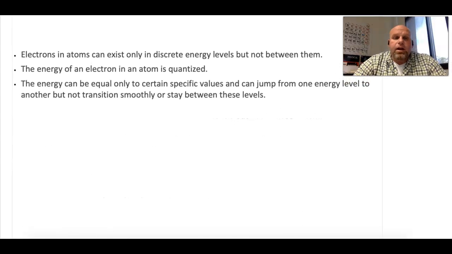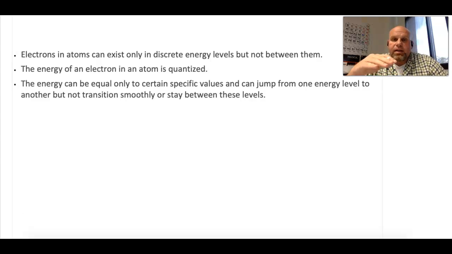Okay, just to reiterate a couple points that we have already laid out with regards to electrons and energy, and that is first, they exist in discrete energy levels, but not between them. The energy of an electron in an atom is quantized, a specific amount of energy, and it can only be at certain values.